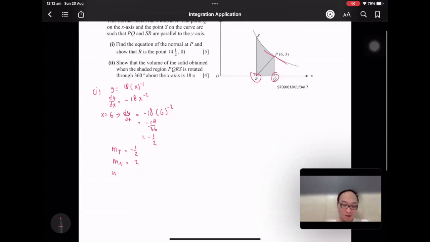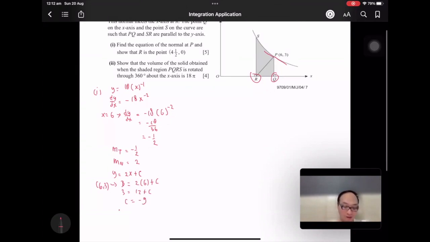So the equation of the normal will be y equals mx plus c, so 2x plus c. Finding c, we can replace with the coordinate P. So 3 equals 2 times 6 plus c. 3 equals 12 plus c, so c equals negative 9. So that means the equation of the normal will be y equals 2x minus 9.